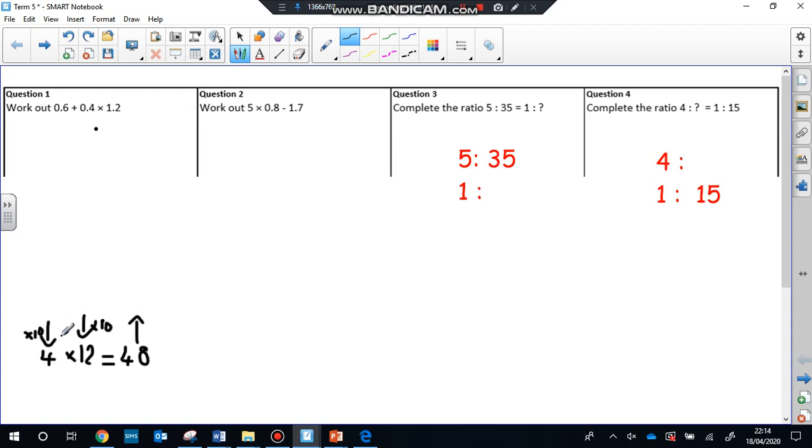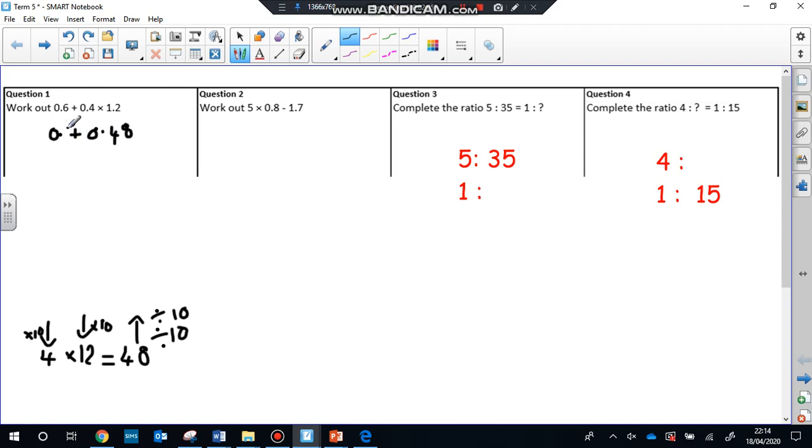Well, if I multiply by 10 twice to go, I've got to divide by 10, but I've got to do it twice. So 48 divided by 10 twice is actually going to be 0.48. So 0.4 times 1.2 is 0.48.